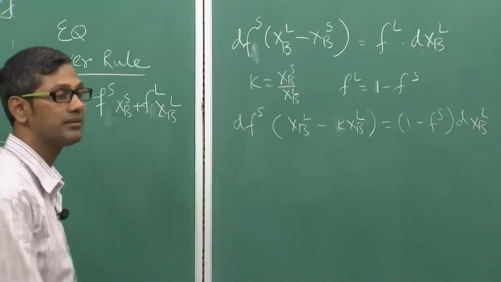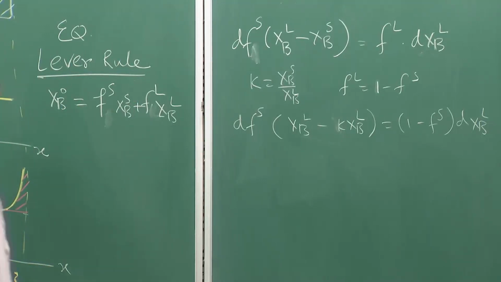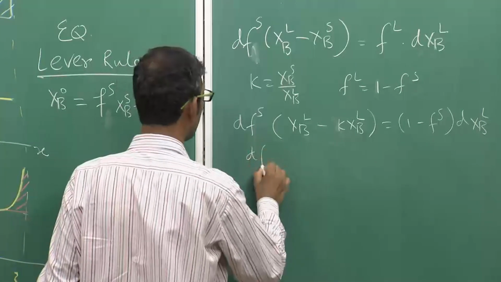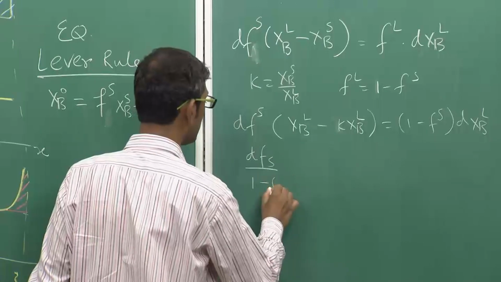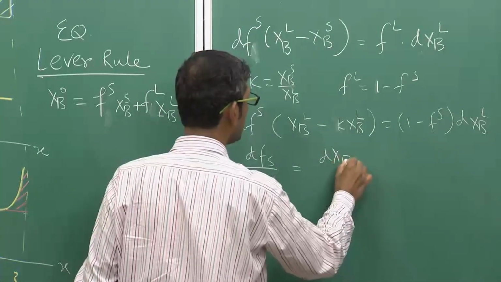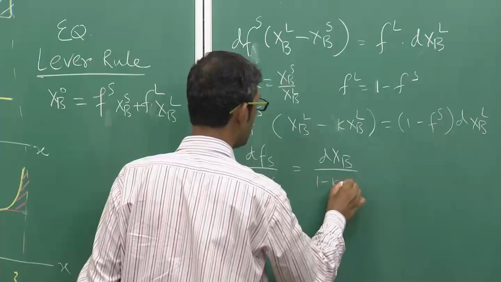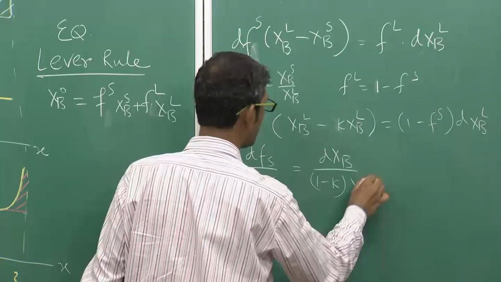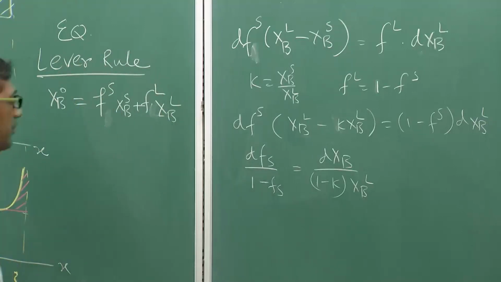So you get a very nice differential equation. Now we can integrate: dfs over 1 minus fs, and dxpl over 1 minus k xpl. That is my differential equation, the solute balance basically.